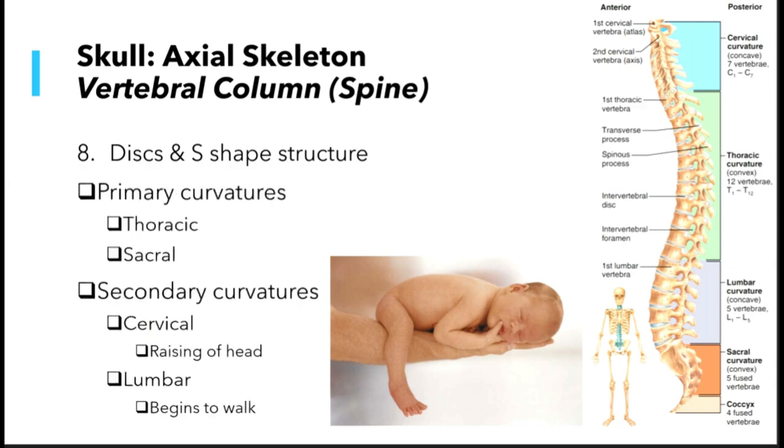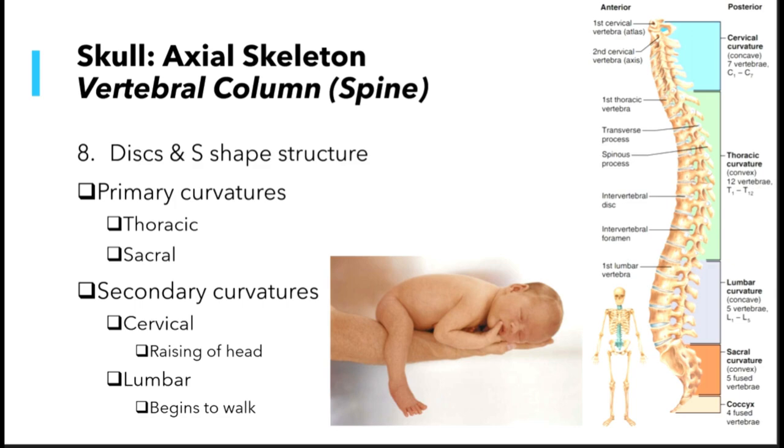In your vertebral column, you have the disc which gives off the S shape of the structure. Now, what is the use of this S-shaped structure? It prevents shock to the head whenever we walk or run, and they also make the body trunk flexible.